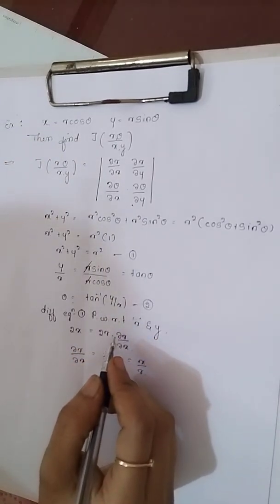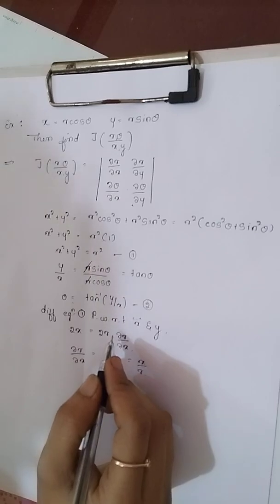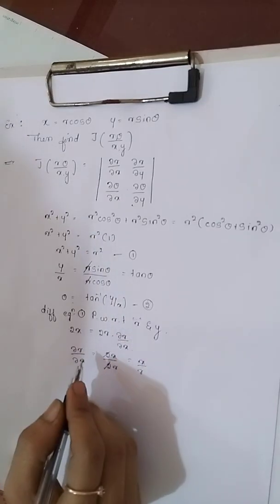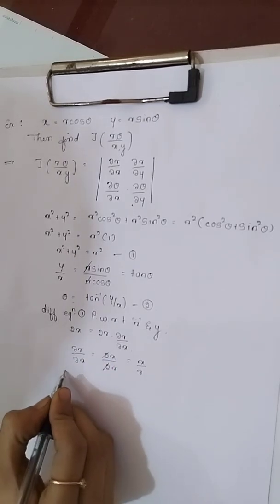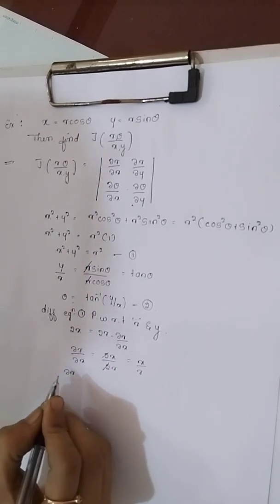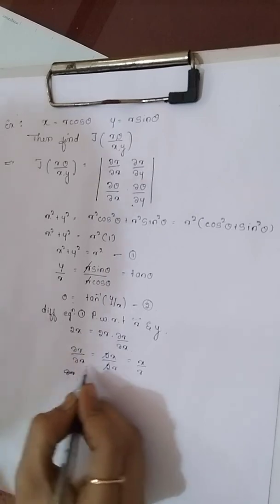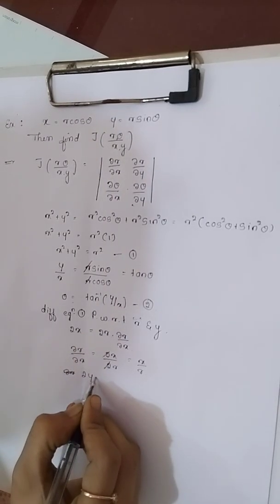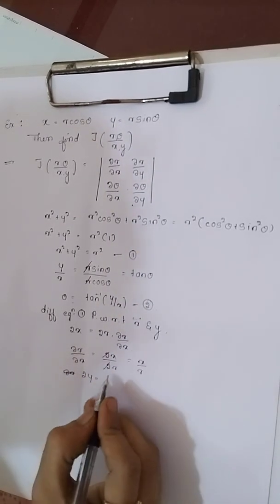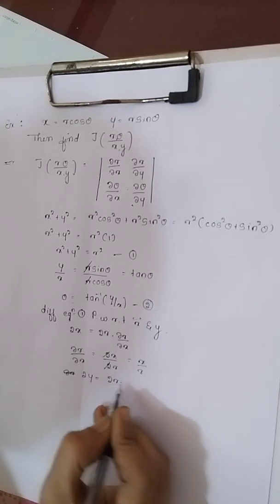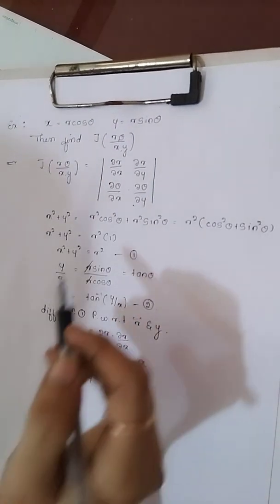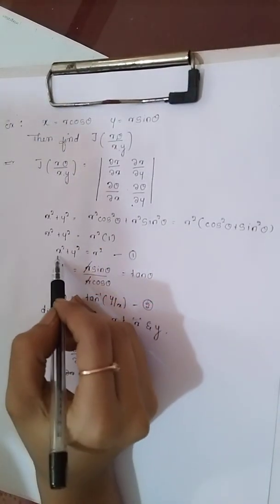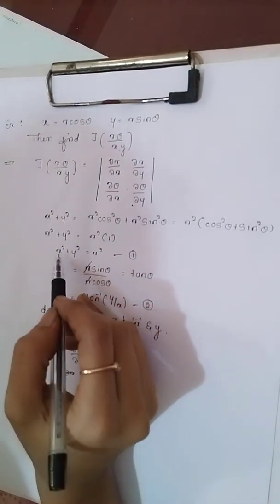Then we get 2y is equal to 2r into dou r by dou y, because equation 1 is x square plus y square is equal to r square.